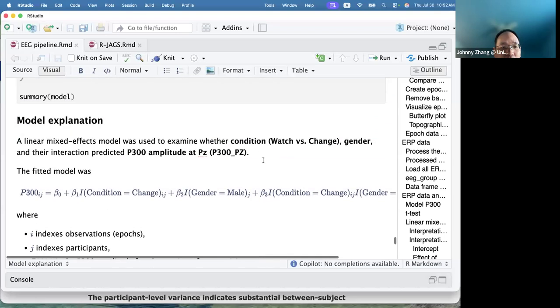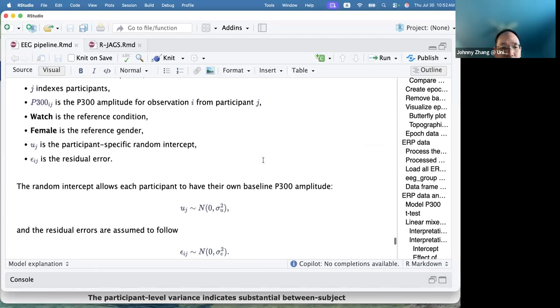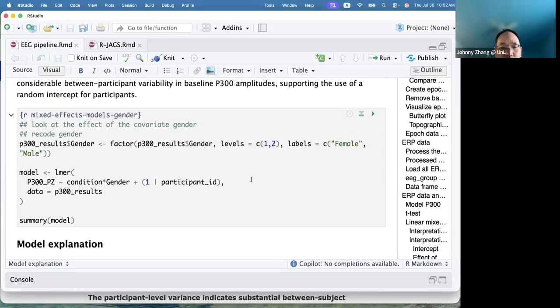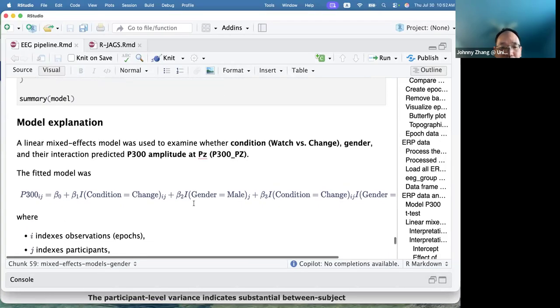To fit the model, so this is the model we use, right? We just include the interaction between condition and gender. Again, an individual intercept here.